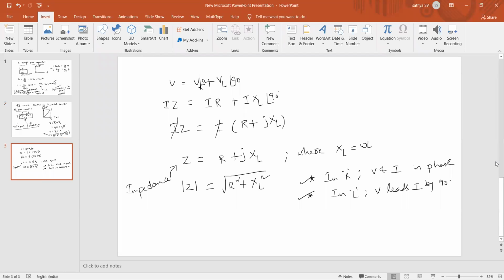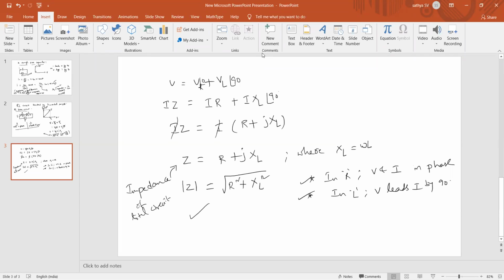Now from this, we replace the voltages with their drops, that is IZ in place of the total voltage, I into R for the voltage across the resistor, and I into XL for the voltage across the inductor. By substituting all, we obtain the impedance of the total circuit. This is the impedance of the given RL series circuit.